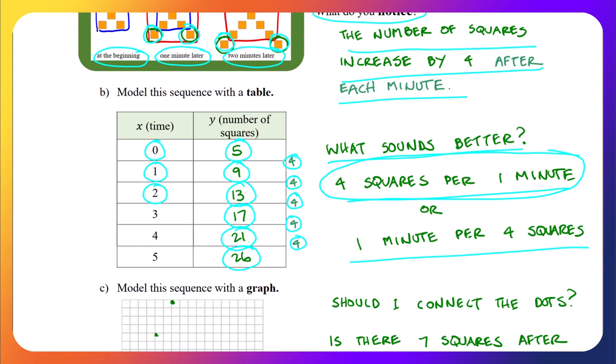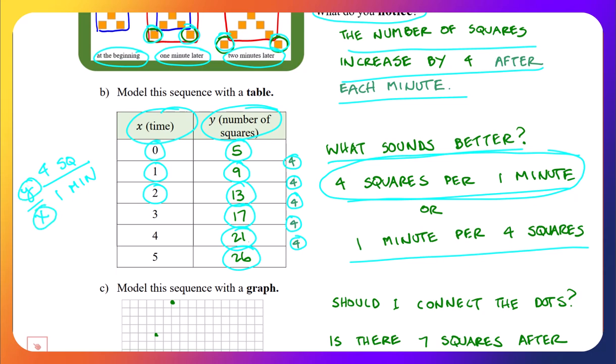So if we talk about 4 squares per 1 minute, the squares is the y, and the time is the x. And so rate looks like it's the change in y over the change in x.